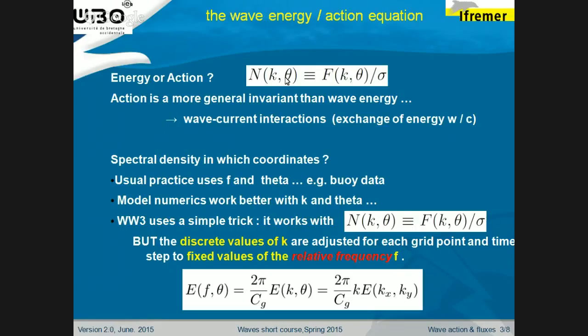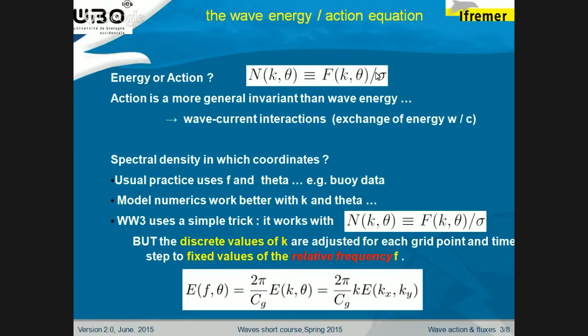As I told you, there is a one-to-one relationship between the relative frequency, sigma, and the wave number, the dispersion relation, sigma squared equals g k tanh(kd), the usual linear wave theory. So this is very simply related to this, okay? And then we divide this by the radial frequency sigma, which is 2 pi f.